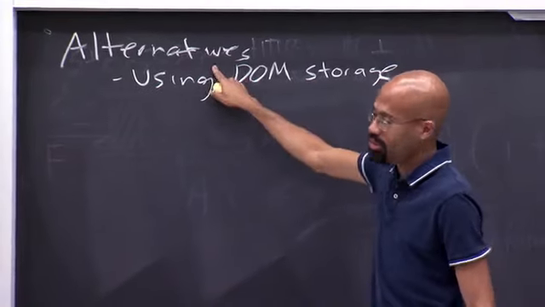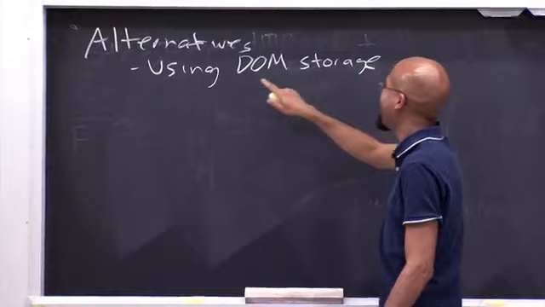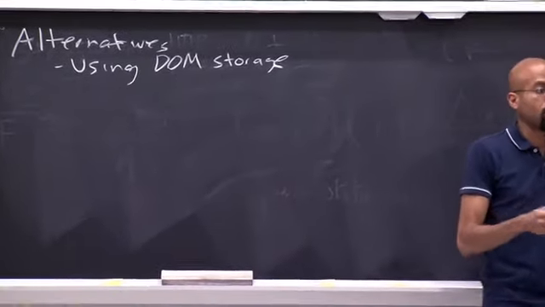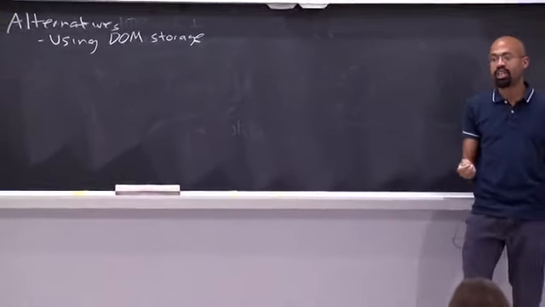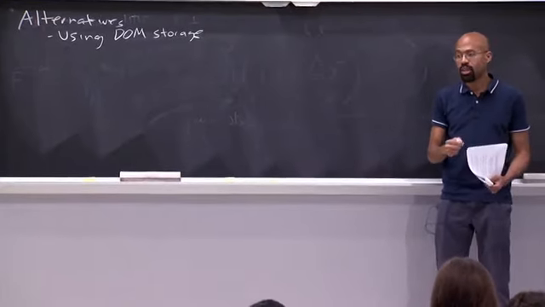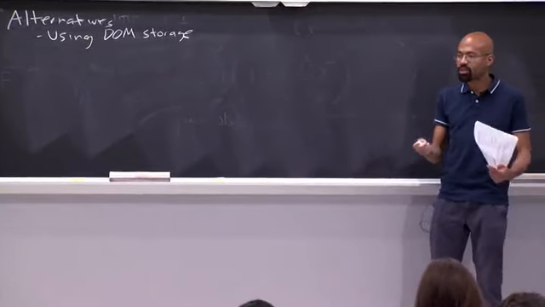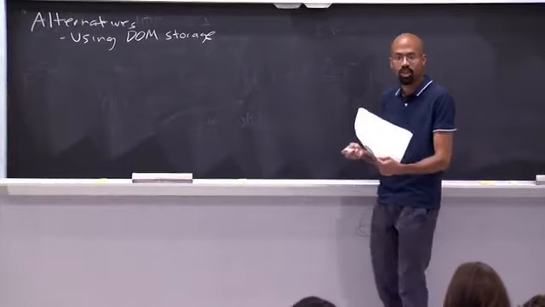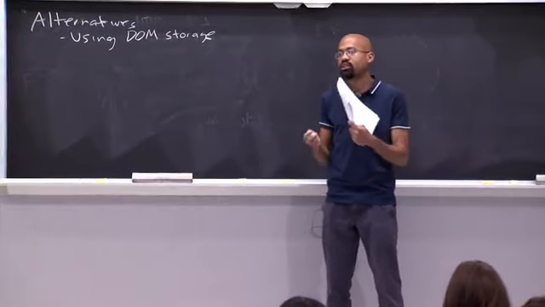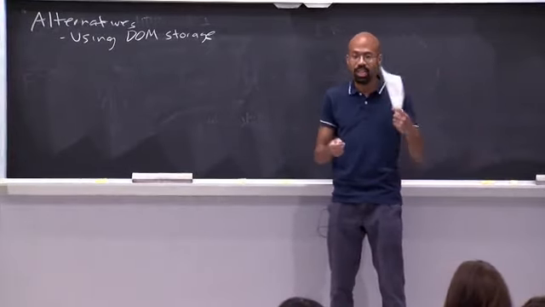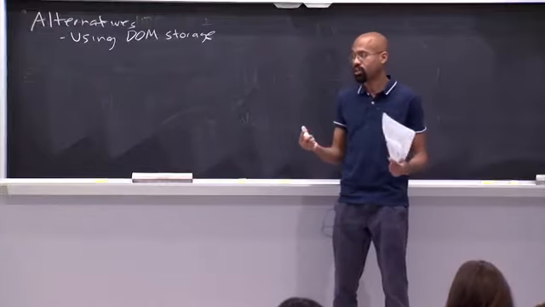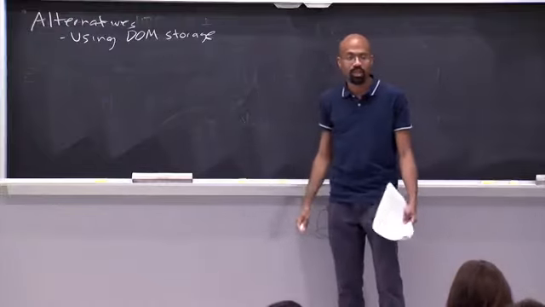This says alternatives, in case you can't read that. So one thing you do is use DOM storage to hold some of that session state that you would ordinarily put inside of a cookie. If you remember from last lecture, DOM storage is essentially a key value interface that the browser provides to each origin. So you can just say get and put, and both the key and the value are strings. So you can imagine putting your authentication stuff inside there.